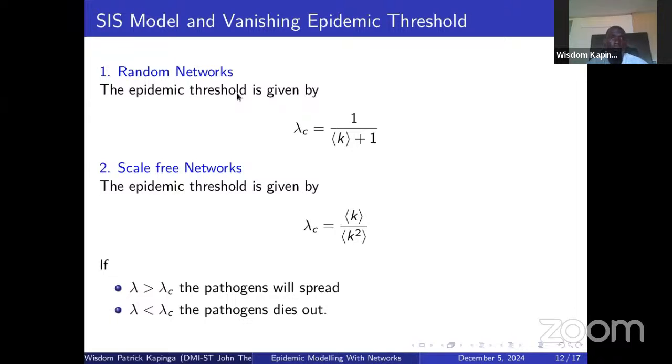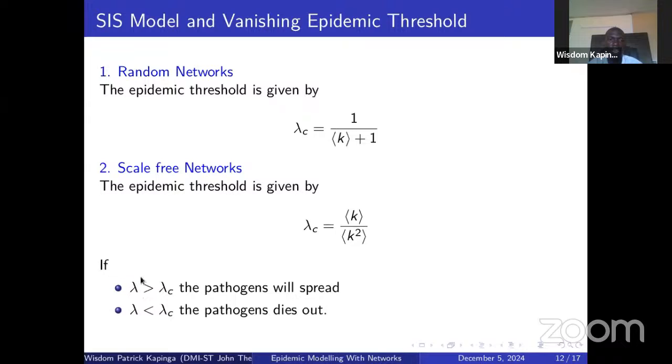And when we are looking at scale-free networks, then the epidemic threshold is given by this formula, whereby you're looking at the degree, and then you divide by the variance of the degree in that particular block.